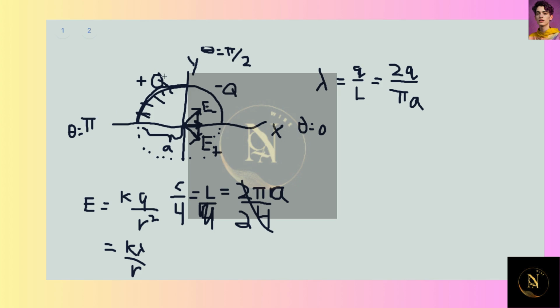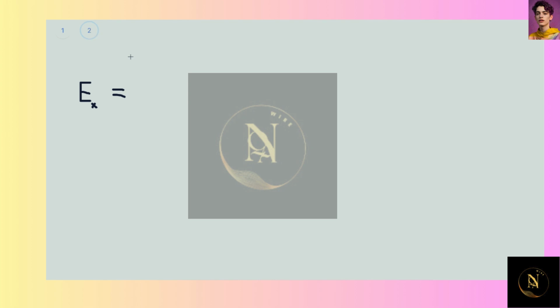So from pi to pi over 2, we're going to have positive charge electric field contribution. And from pi over 2 to 0, we'll have negative charge electric field contribution. So with that in mind, the angle is going to change, so we need to account for that.